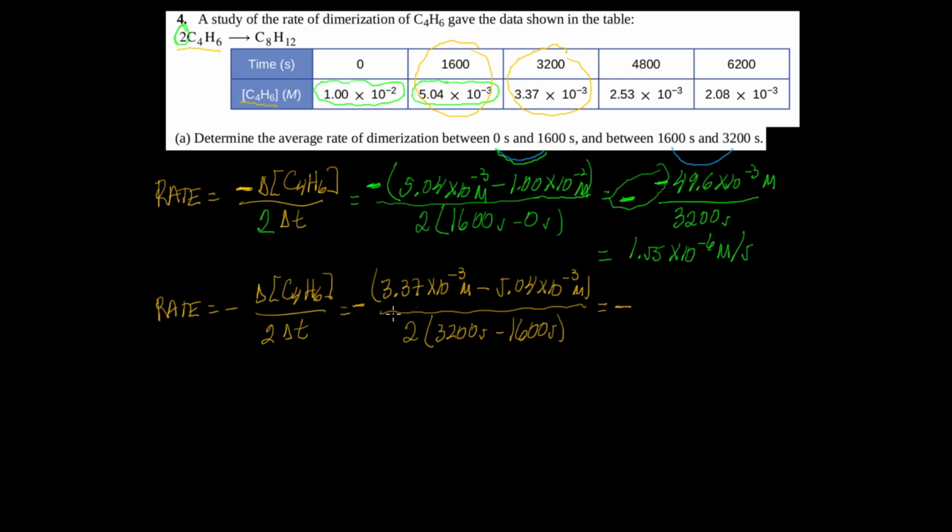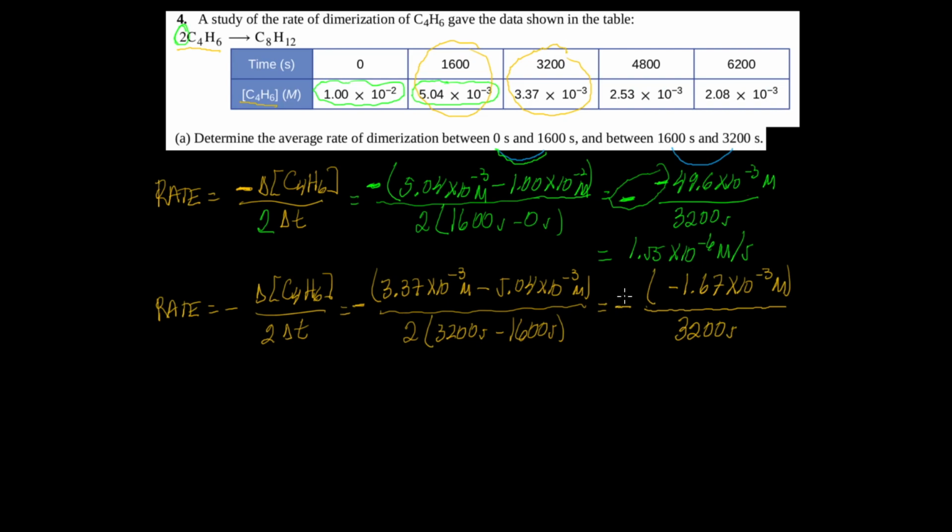Okay, so I've got a minus sign there, and then I get minus 1.67 times 10 to the minus 3 molarity, and we want to divide that by 3200. So 3200 minus 1600 is 1600, and we multiply that by 2, so that's how I'm getting the 3200 down here.